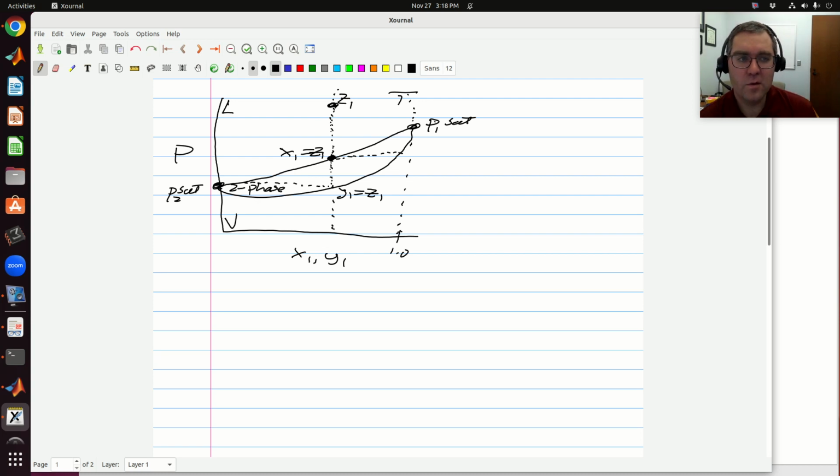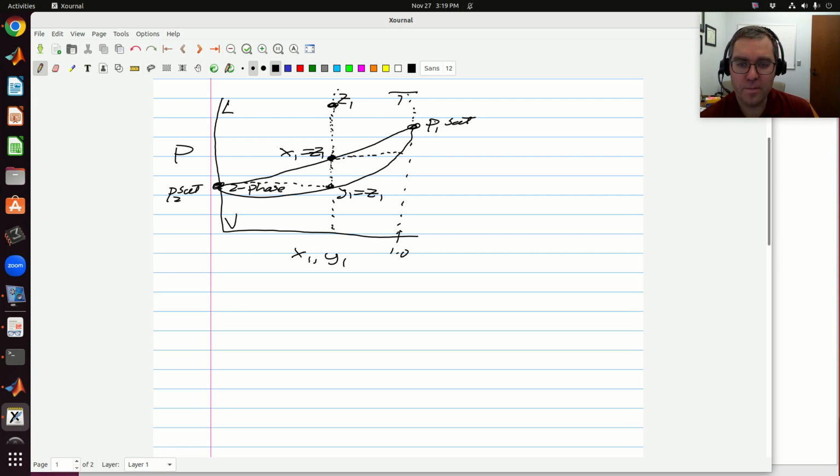Okay, so what I'm going to try and do here is for a mixture of a given composition, we're asked to calculate the bubble point and dew point pressure for that mixture. What's going to be key is that at my bubble point, x is equal to z, and at my dew point, y is equal to z. I'm going to calculate my bubble point and my dew point. And the idea is these are going to serve as two reference points, so that if my pressure is greater than my bubble point pressure, well then I'm up here, that means I have a liquid.